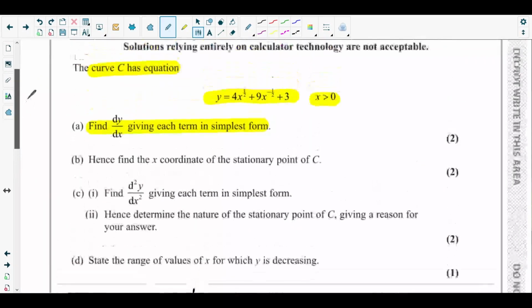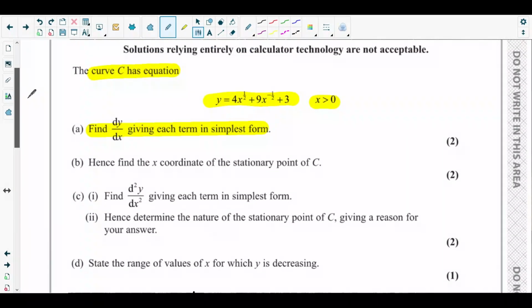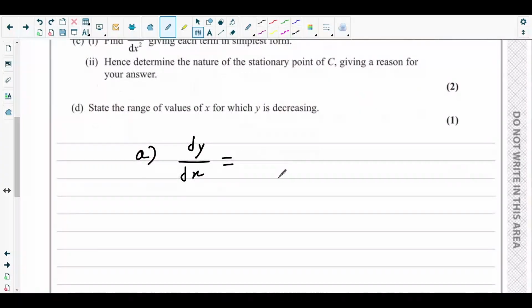In differentiation, we multiply the coefficient by the power of the variable. The power of the variable here is half, so 4 times half gives 2. Then from the power we subtract 1, so half minus 1 is negative half.